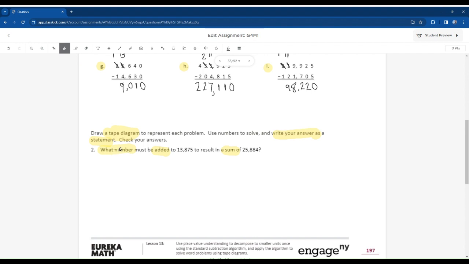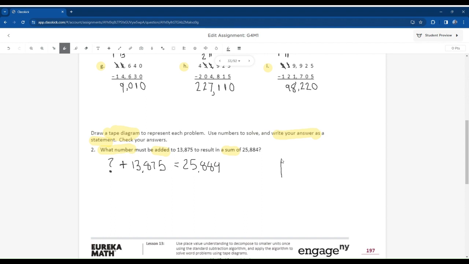So if I was to write this as an equation, it would look like this. What number, so something, must be added? So we're going to add 13,875 to result in a sum of 25,884. So in order to undo addition, we actually need to use subtraction.